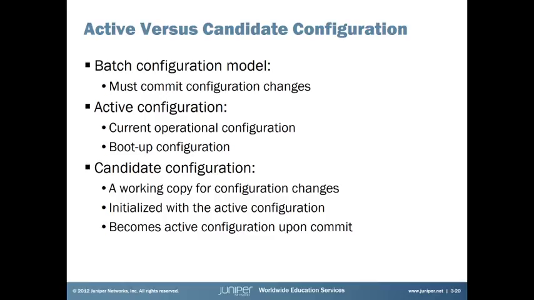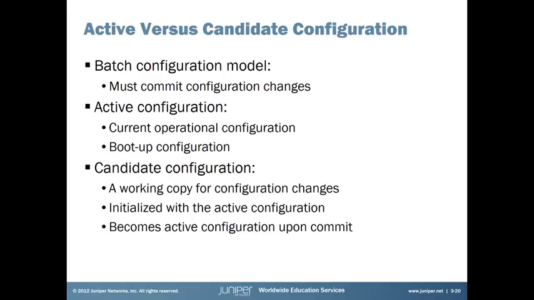So we've got this concept of an active configuration. We go into configuration mode, and that active configuration now becomes a candidate. The active one is still running, nothing's changed there, but now I've got this candidate configuration that we are changing, which we can type commit to make active. So we're going to make changes to our candidate configuration and then commit it.